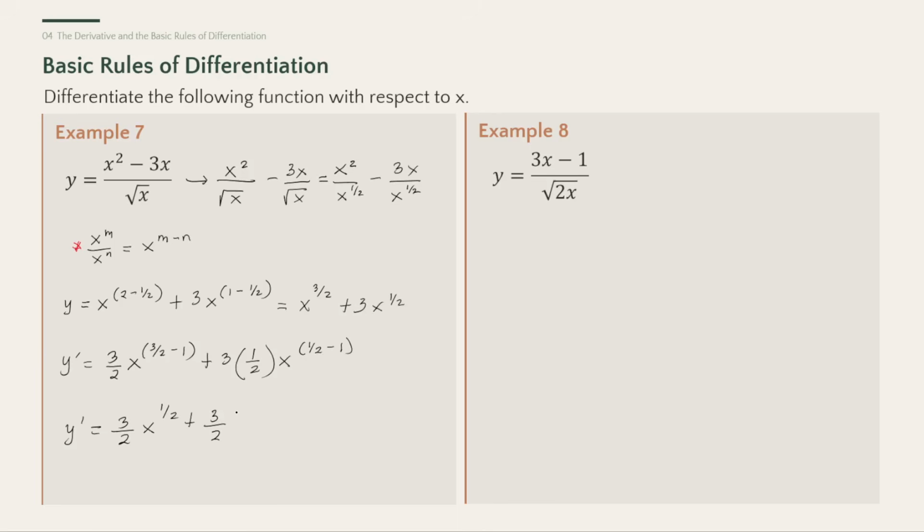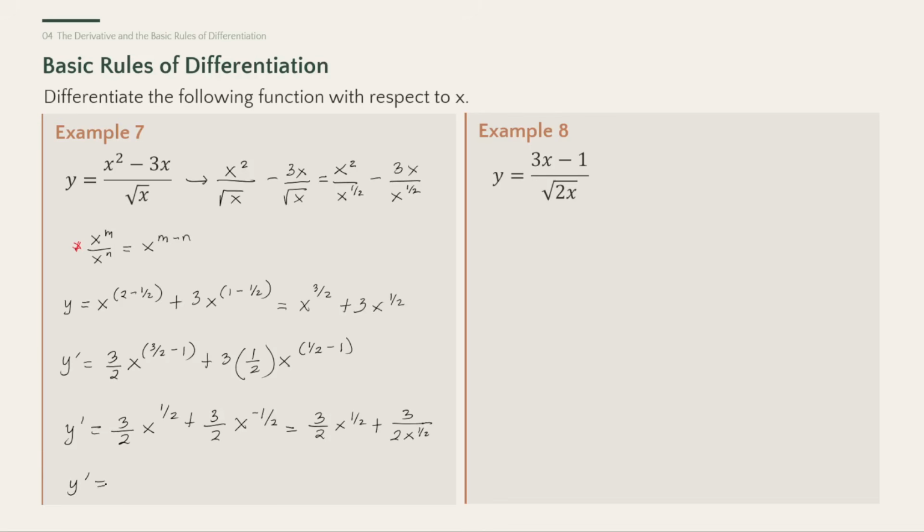1/2 minus 1 is negative 1/2. So that negative 1/2, we can put that on the denominator. So we have 3 over 2 x raised to 1/2. Since the exponent of this one is negative, that's why we move that to the denominator.